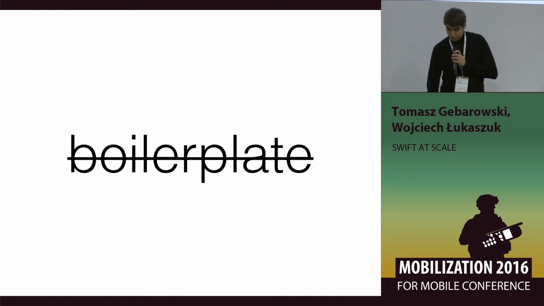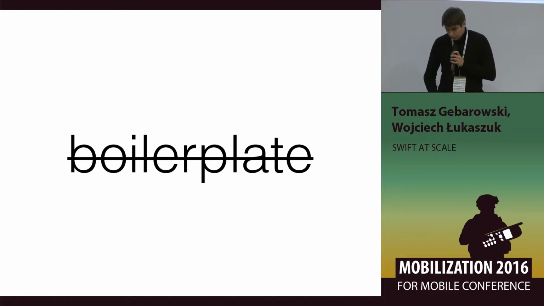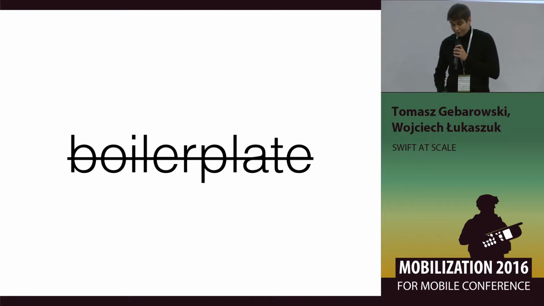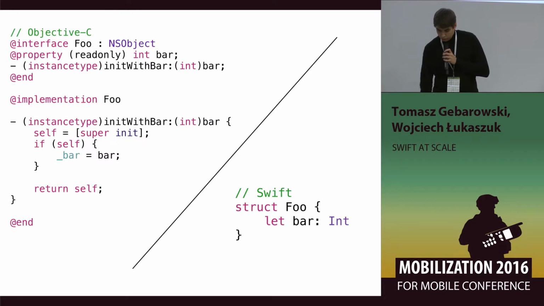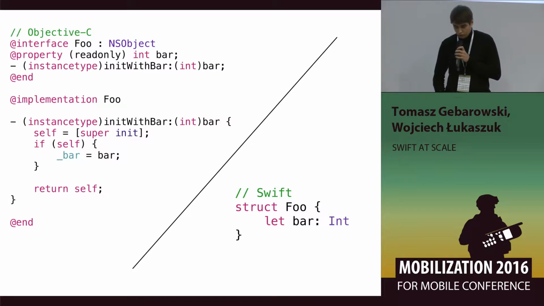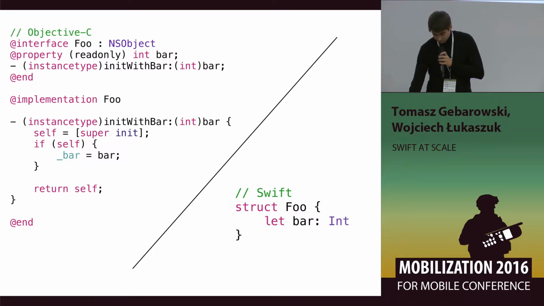Next thing is that Swift has much less boilerplate code, and it's super cool because if you have less code, you make fewer bugs. We can compare creating a simple type with a read-only property. In Swift, it's just 3 lines versus 14 in Objective-C. So Swift wins a lot.